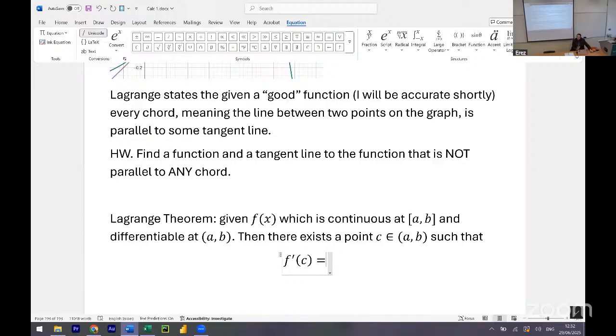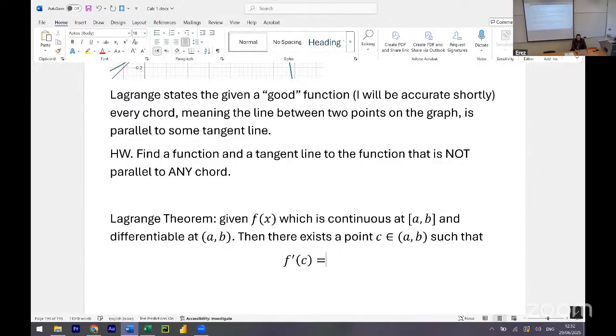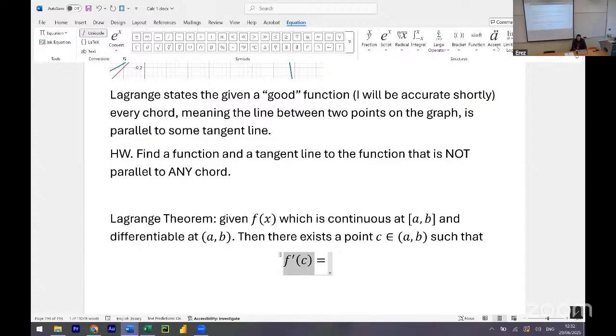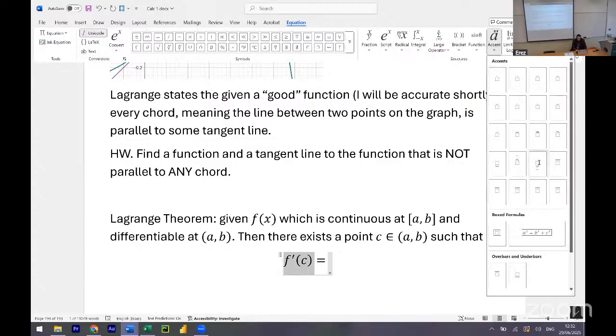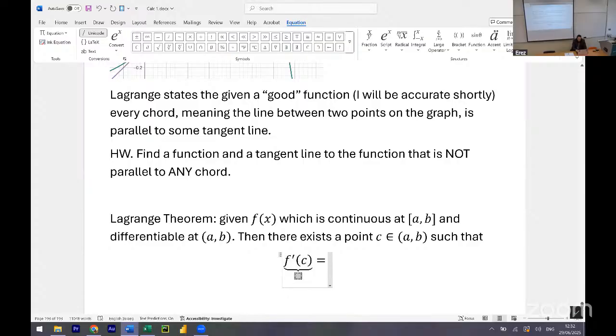This is the slope of the tangent line, and what does it equal to? The slope of the chord, right? Not the slope of the tangent. This is the slope of the tangent. We wish it to be equal to the slope of the chord, right?